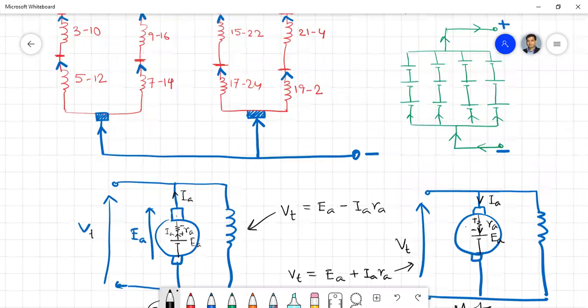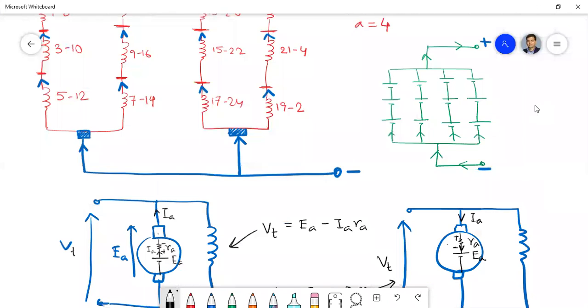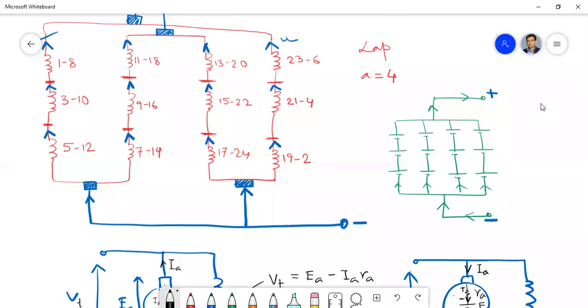Which one are you telling? The green one? Not the green, the red one. Those two batteries are just how I have represented the voltage source. I can also draw the coil, because it is a motor.